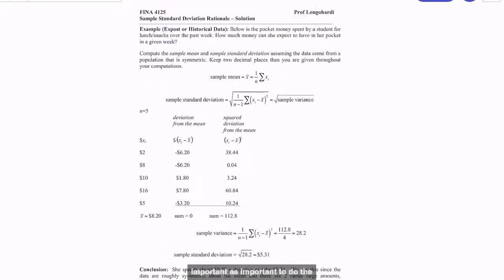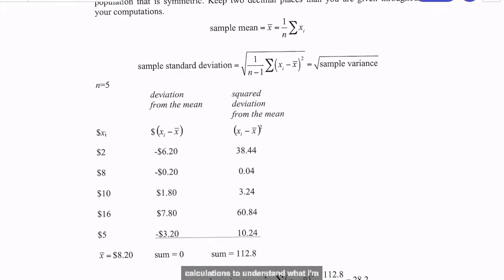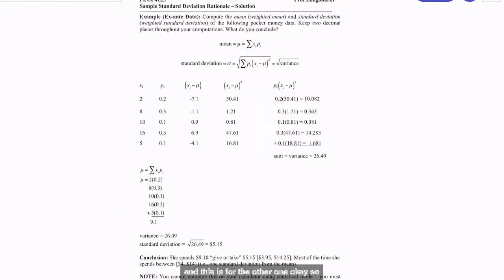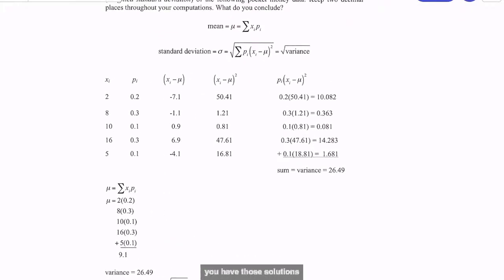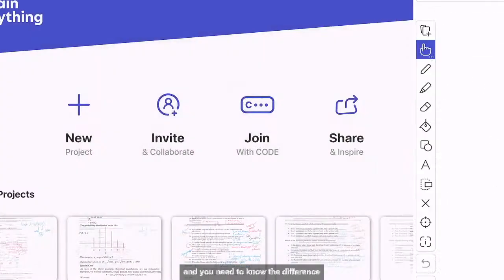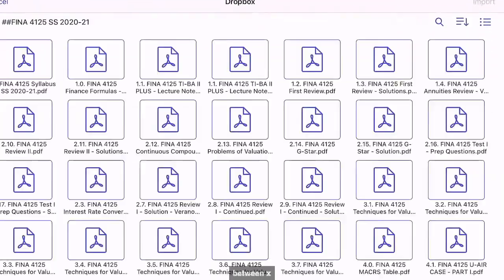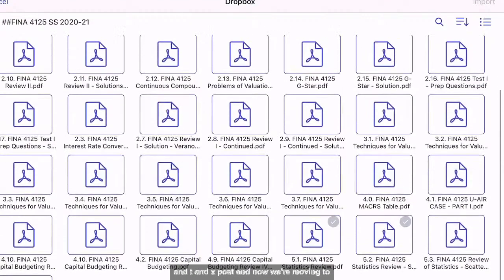So it's not as important to do the calculation as to understand what I'm doing here. And this is for the other one. Okay, so you have those solutions. And you need to know the difference between ex ante and ex post.